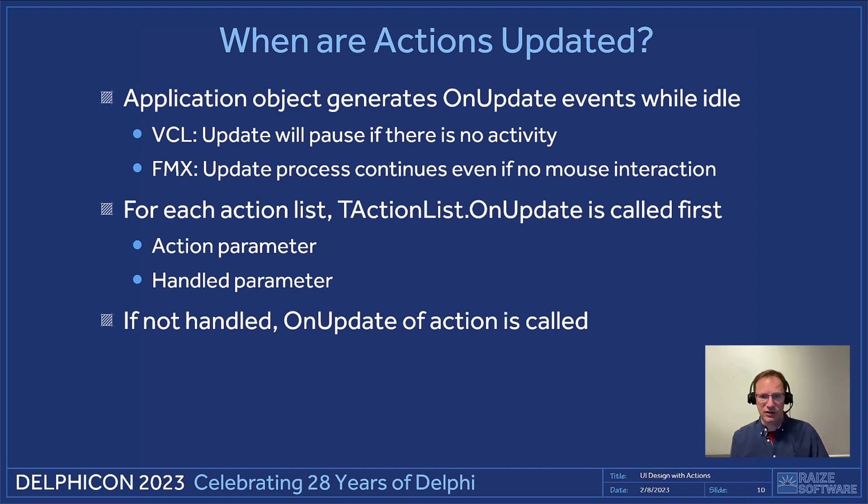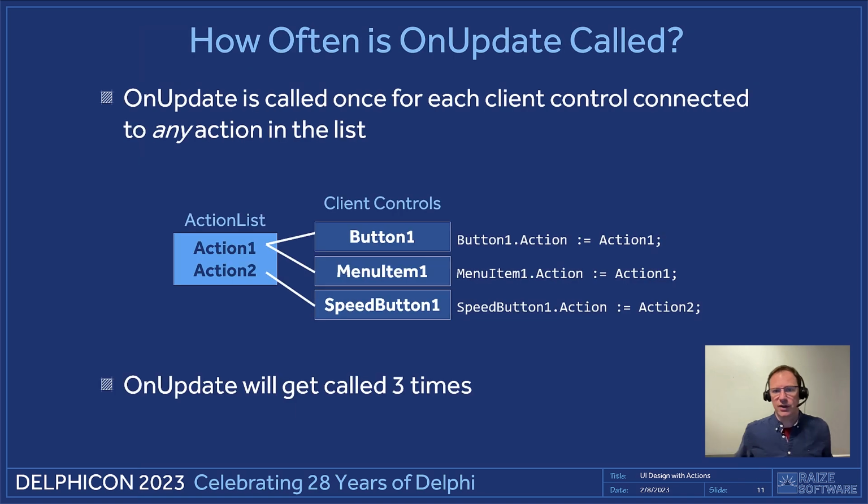And if the action list does not handle it, or doesn't set the handled parameter to true, then the onUpdate event of the individual action is called. So there are some implications for this.